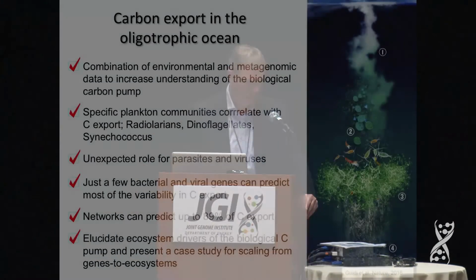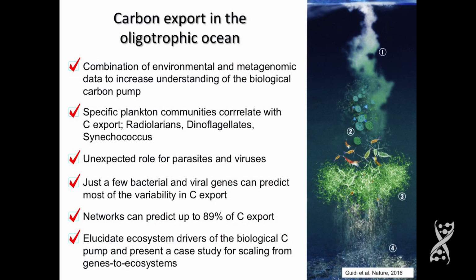So it's not all about big, fat, juicy particles sinking down to the bottom, coming from large organisms. It appears to be very much parasites, viruses, and so on, which mediate the formation of these large particles, which was quite unsuspected before now.